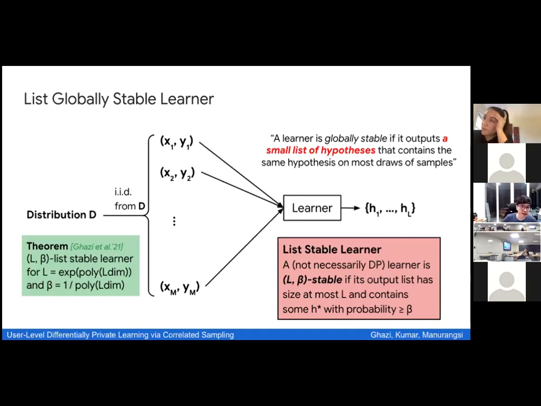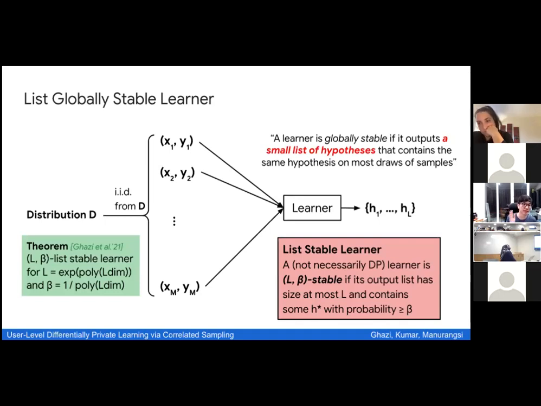And it turns out that in our paper this year, we show that it's possible to get such a list stable learner where the list size is exponential in the Littlestone dimension, but with the stability parameter beta that is 1 over polynomial in the Littlestone dimension instead of 1 over exponential in the Littlestone dimension.